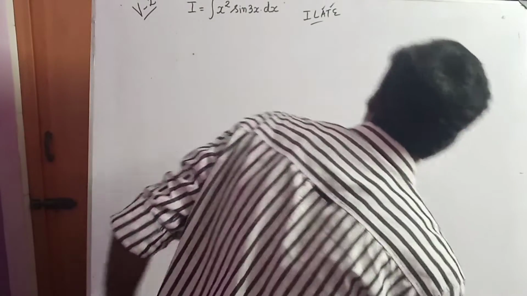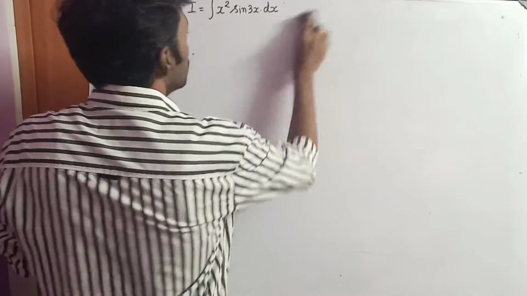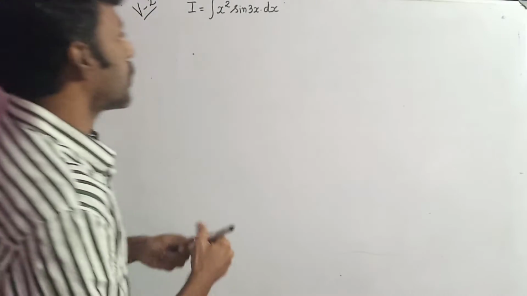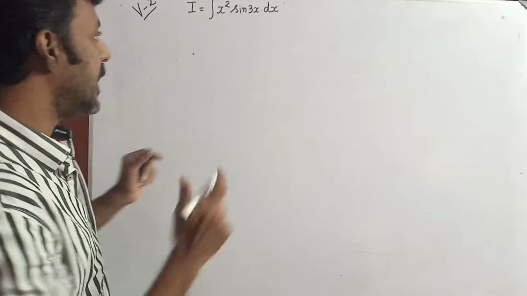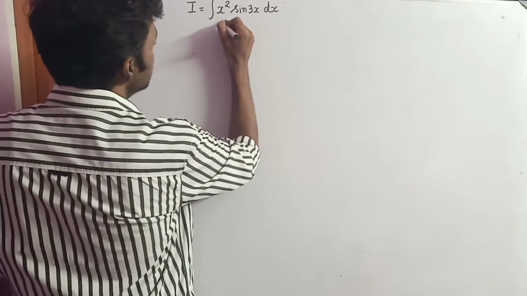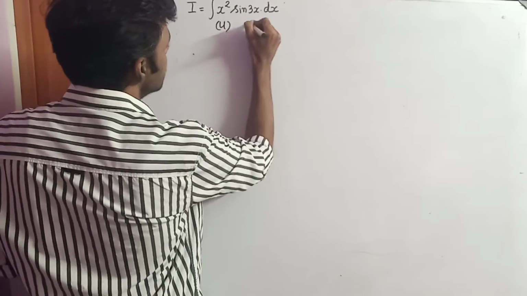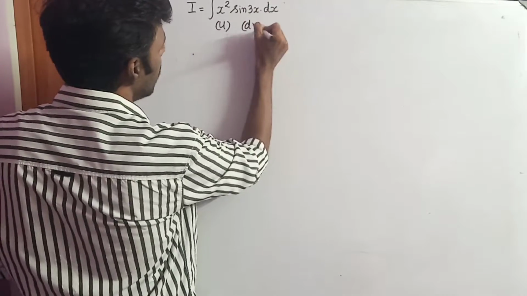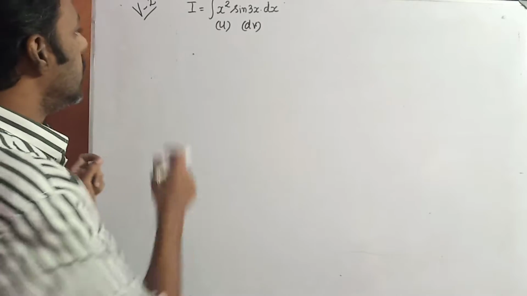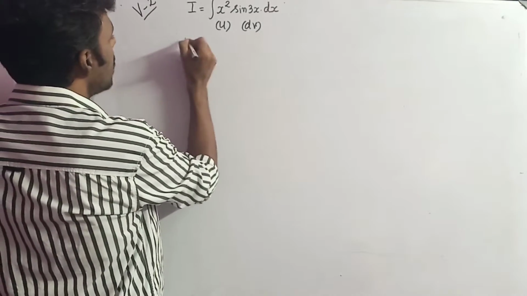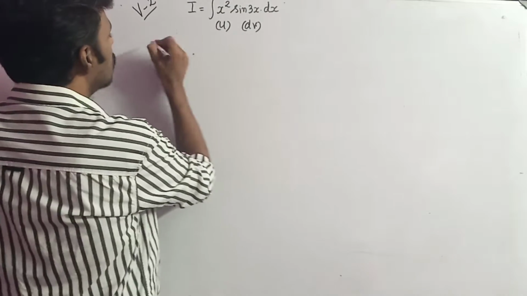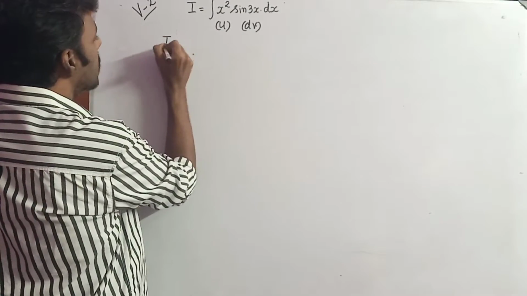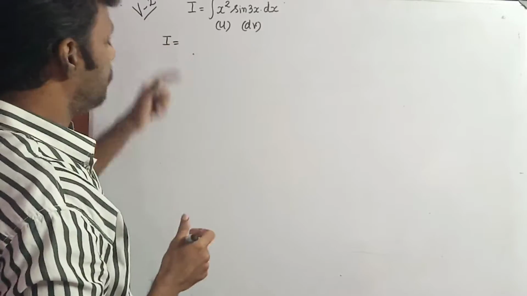Let's start solving this problem. The integral of x squared into sine 3x into dx. First I am naming this term as u and this term as dv. For integration by parts we have I equal to uv minus integral v du.